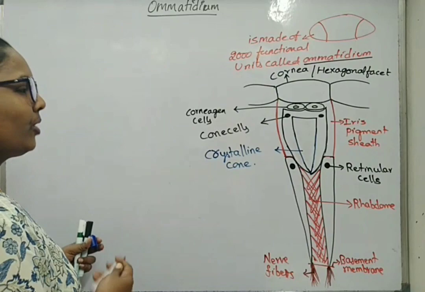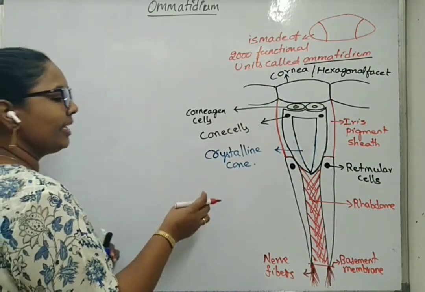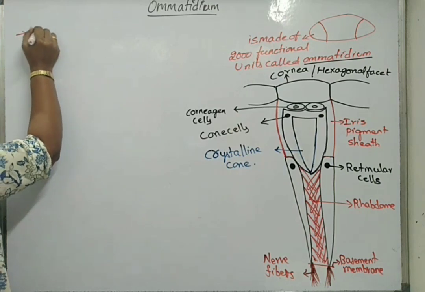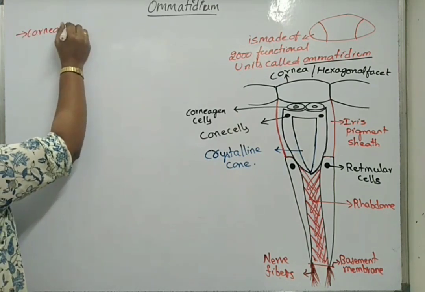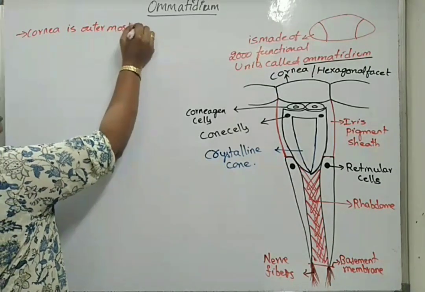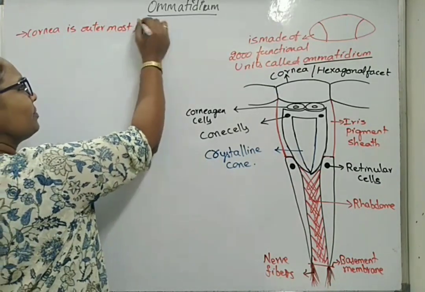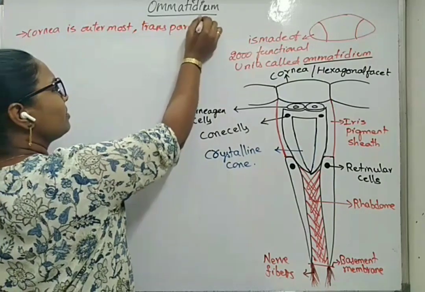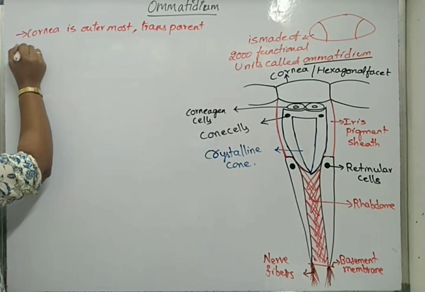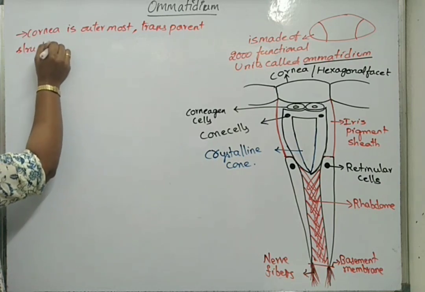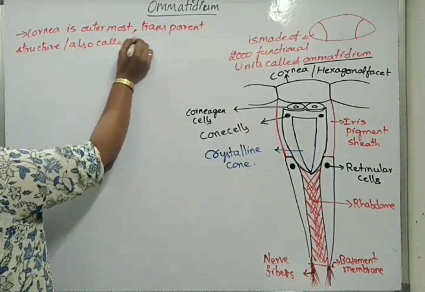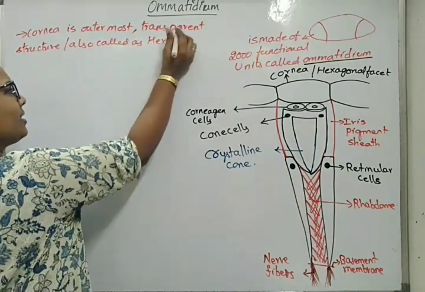Now we will see the names for specific areas. Cornea is the outermost transparent structure, also called the hexagonal facet.